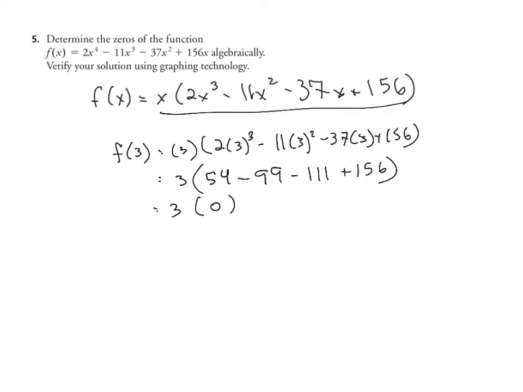Yep, that's 0. Okay, so f of 3 equals 0. That means that one of the factors is x minus 3. All right, so let's see what the other factors are.